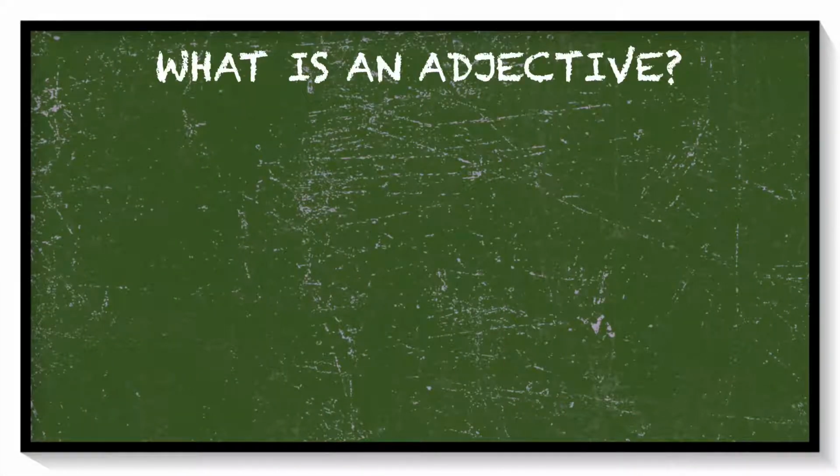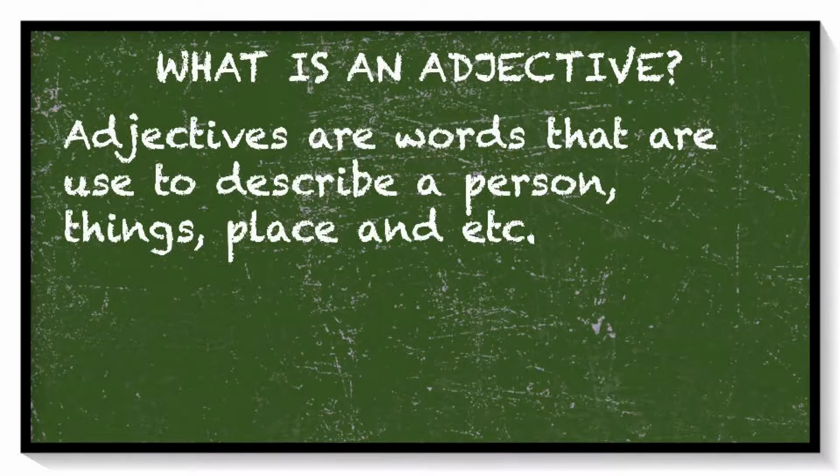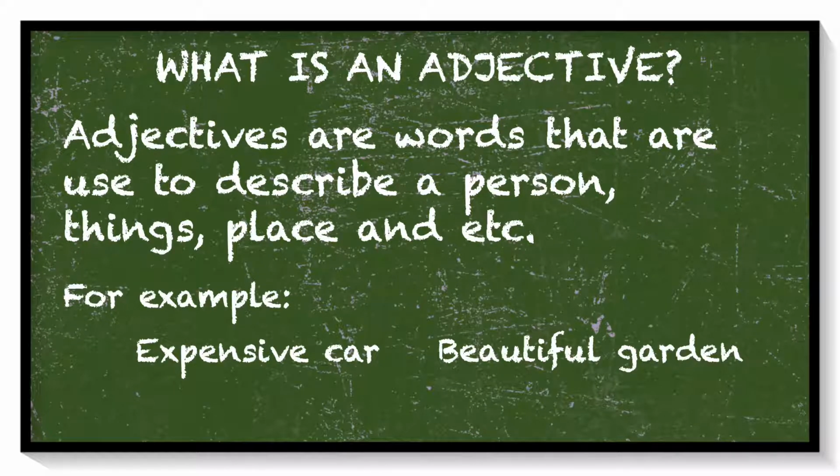What is an adjective? Adjectives are words that are used to describe a person, things, places, and etc. For example, expensive car, beautiful garden. Expensive and beautiful are what you call adjectives that describe a certain object.